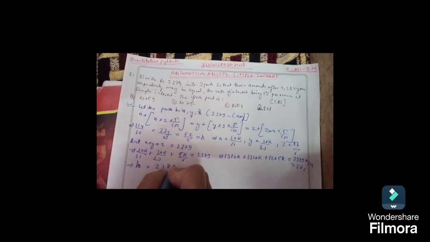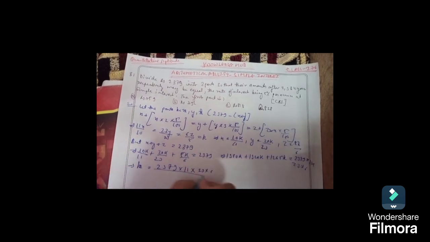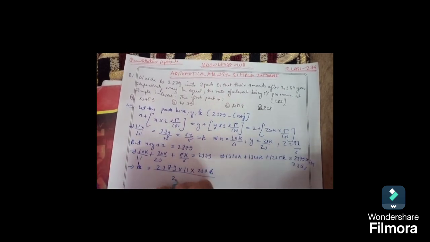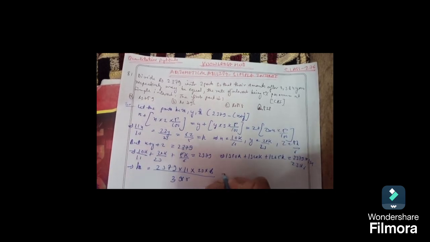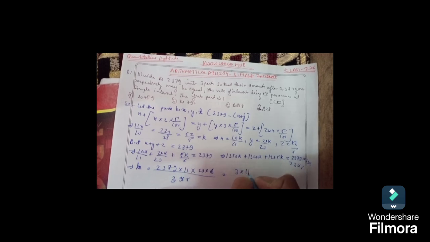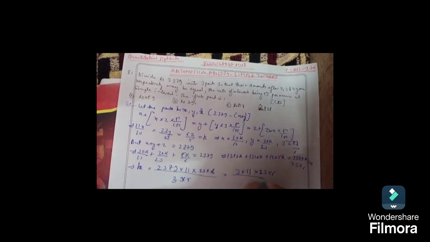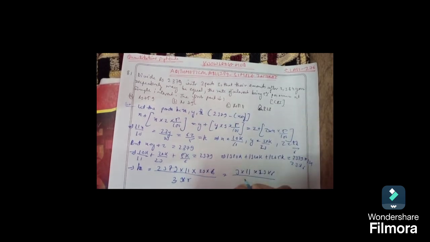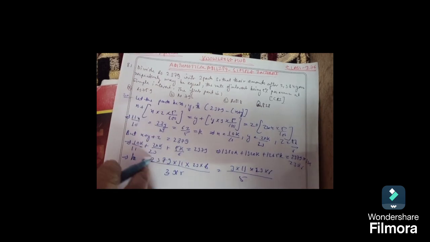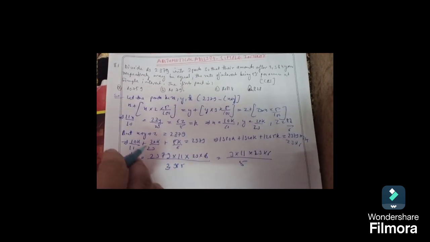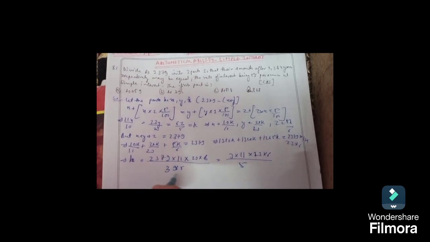So k equals 2379 into 11 into 23 into 6 upon 3965, which equals 3 into 11 into 23 into 6 upon 5, when we cancel these numbers.